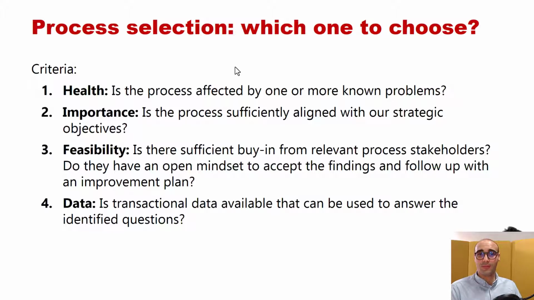Is it feasible to apply your recommendation or not? Are the people that you are working with open to performing the changes that you are going to recommend? And the last criterion is the data. Is the data available for you to perform the analysis that you aim for? So these are the 4 criteria in order to select your process.